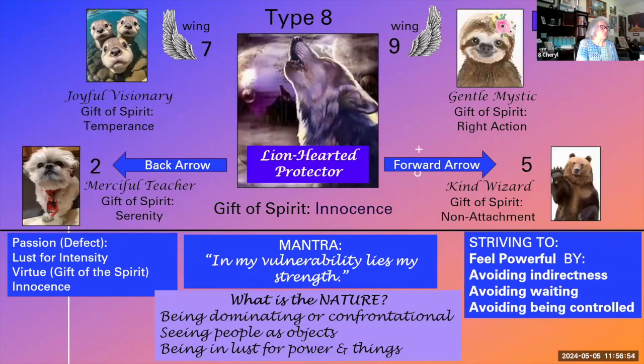Okay. For the 8, was I being dominating or confrontational? Was I seeing people as objects? Was I being in lust for power and things? So I'm going to tell a couple stories here. When I went away to college, I had a group of friends who are still my friends. We have a group of 6 women that have been friends since we were in the 8th grade.